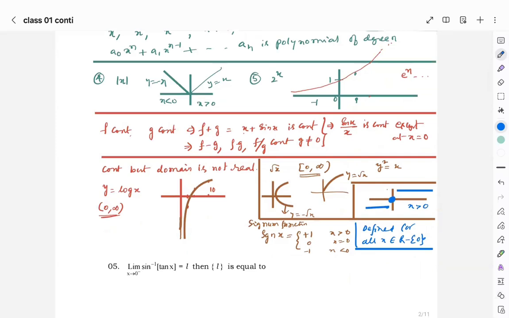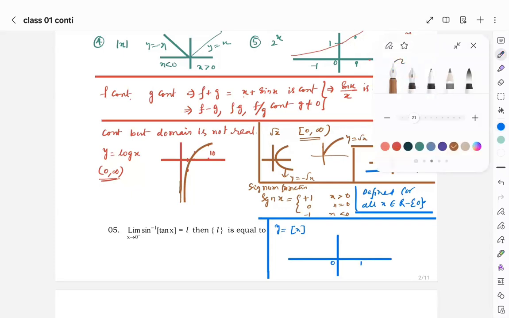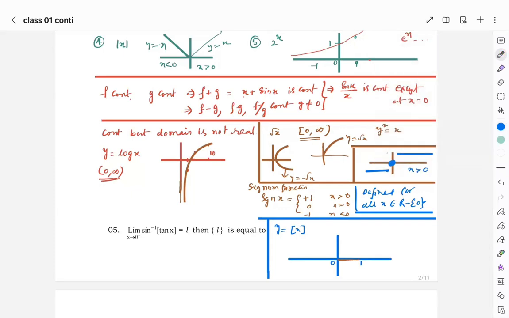So other than this, do we have any other functions whose domain is the real numbers but which are not continuous for all x? Here you take the graph of this function, the box function. From 0 to 1 it is 0, because box of 0 will be 0, box of 0.1 will be 0, box of 0.9 will be 0.